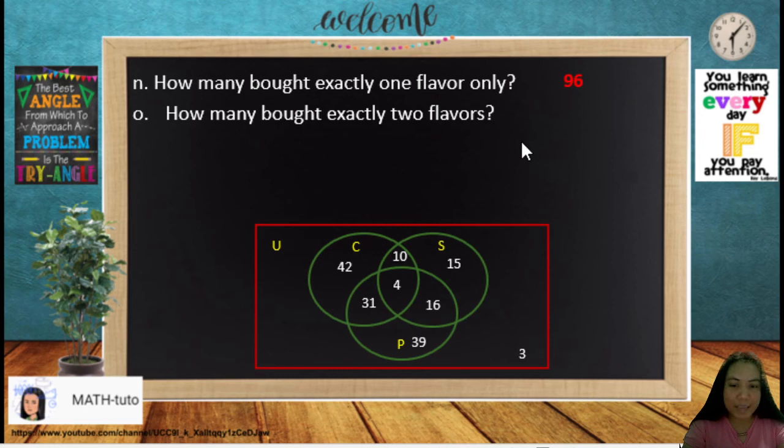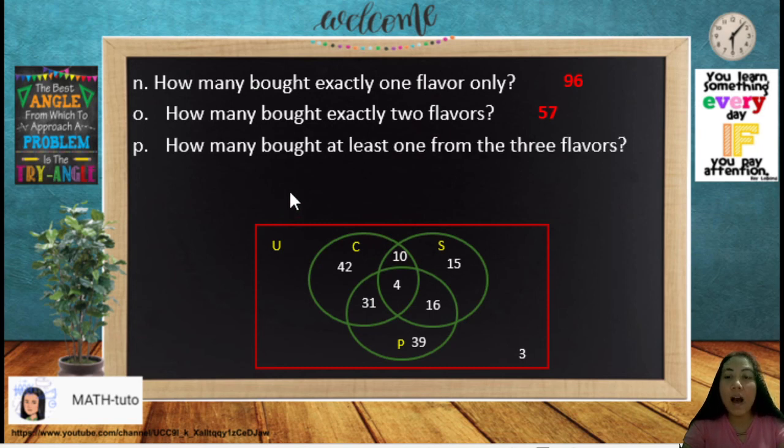So, exactly, which means intersection of 2 sets, but it should exclude the intersection of all 3 sets because it says here exactly. Okay? So, that will be 10 plus 31 plus 16, which is 57.